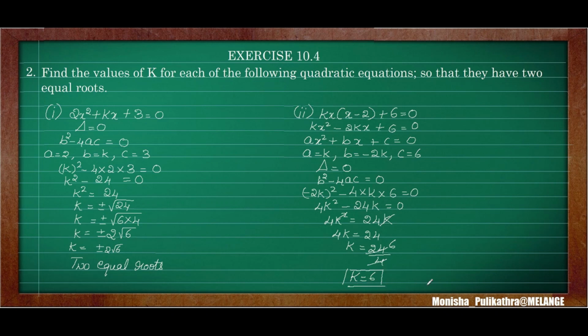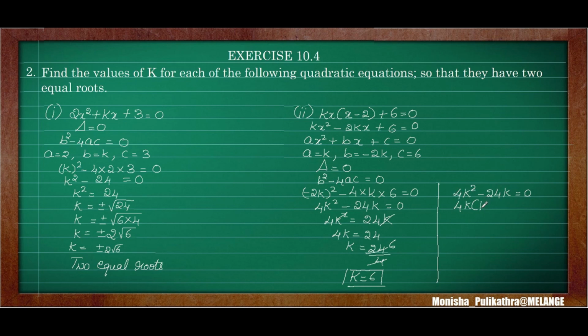Again, there is one more value which we can find by another method. Since it has two equal real roots, 4k square minus 24k, either you can do this or do this, both are same. Here we can take 4k as common.